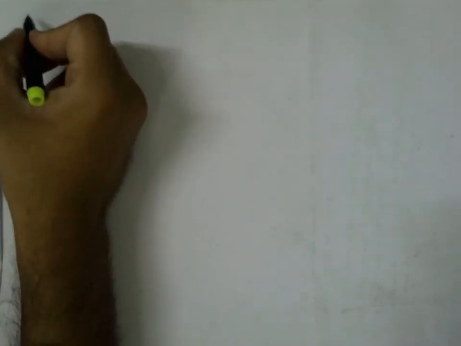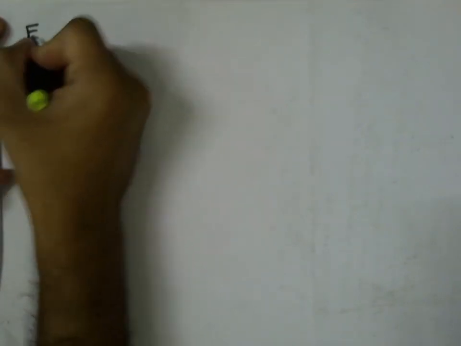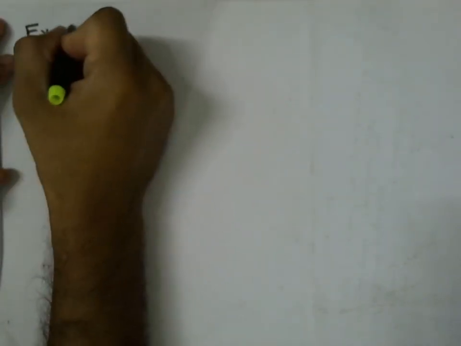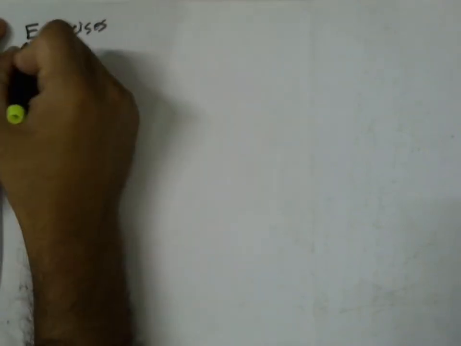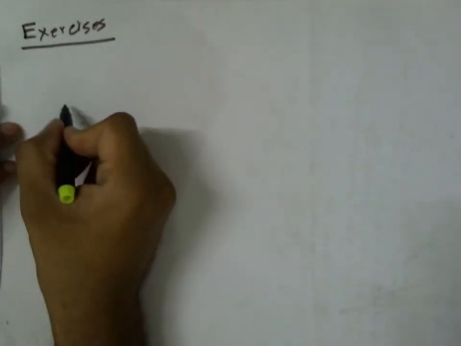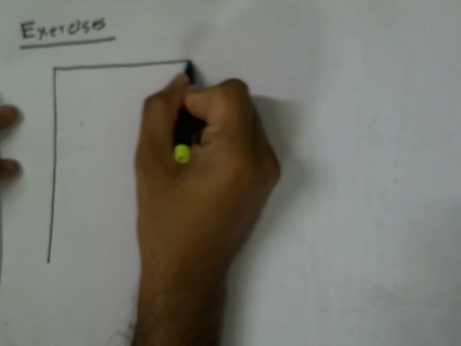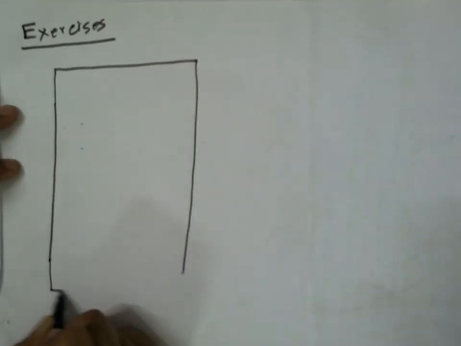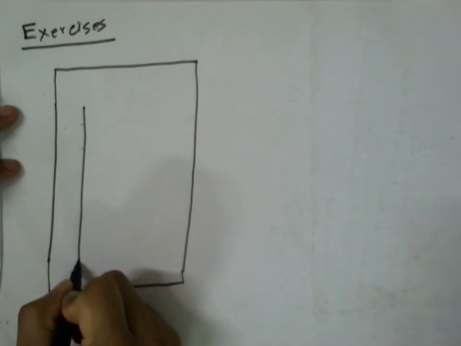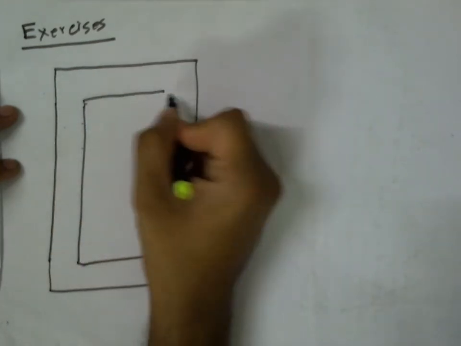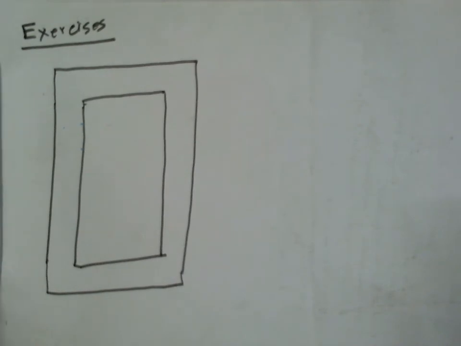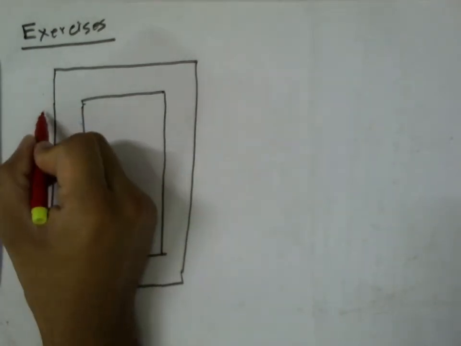Now let us check our understanding of the dot convention with some small exercises. So here are the exercises. Let's check ourselves. Exercise number 1. Here I have a core like this, and I have a pair of coils like this.